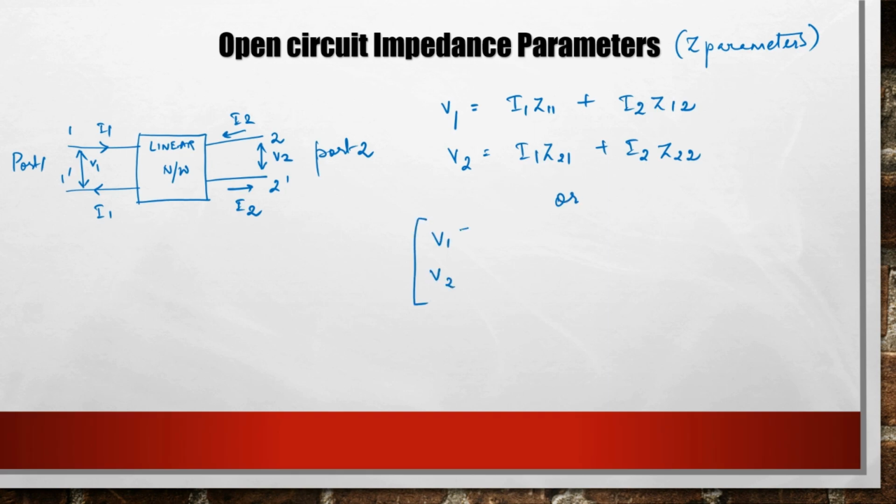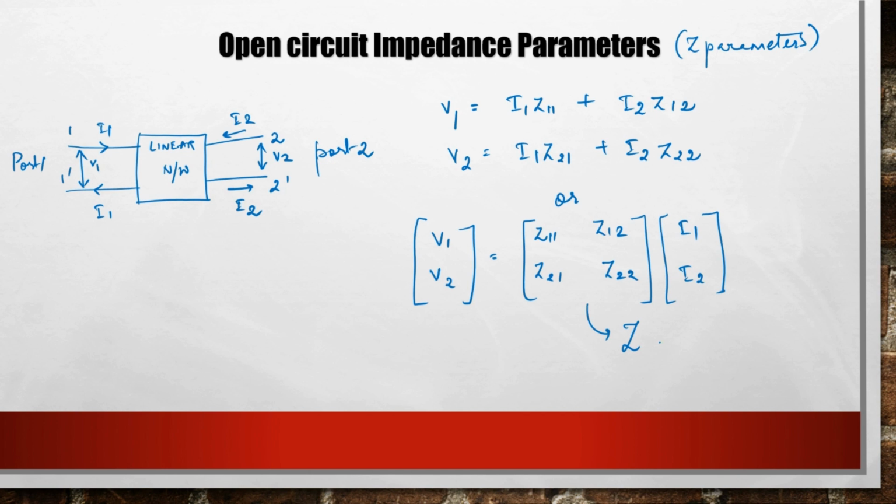[V1, V2] is equal to the Z parameters Z11, Z12, Z21, Z22 multiplied with the current matrix. So this is my Z matrix, and Z11, Z12, Z21 and Z22 are the Z parameters.